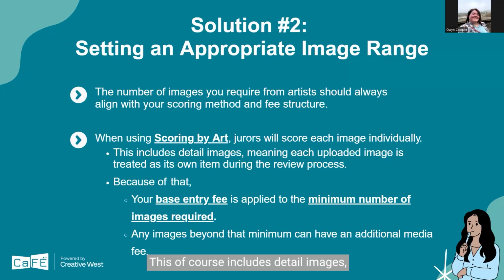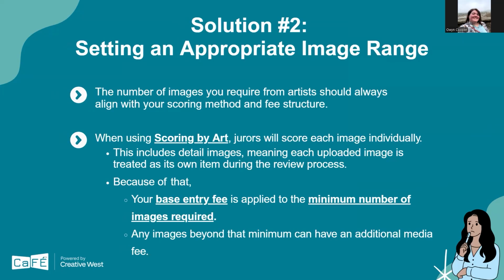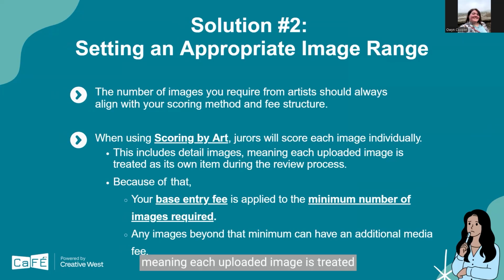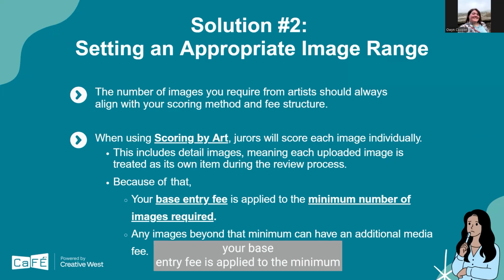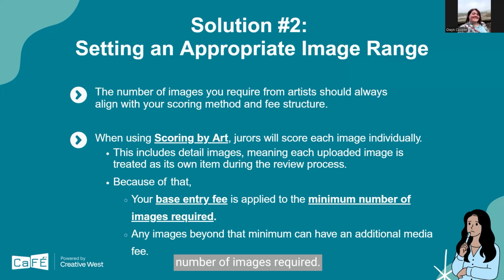This, of course, includes detail images, meaning each uploaded image is treated as its own item during the review process. Because of that, your base entry fee is applied to the minimum number of images required. Any images beyond that minimum can have an additional media fee if you'd like.